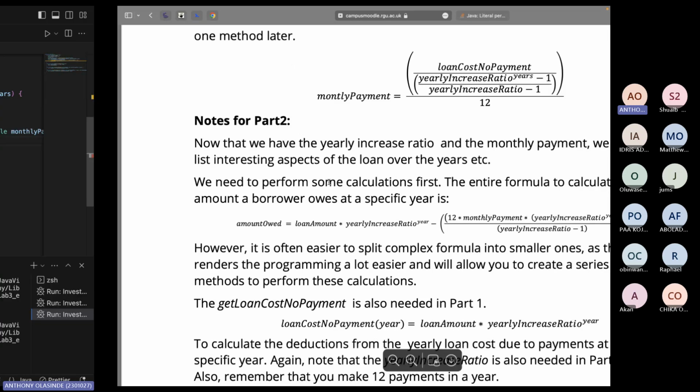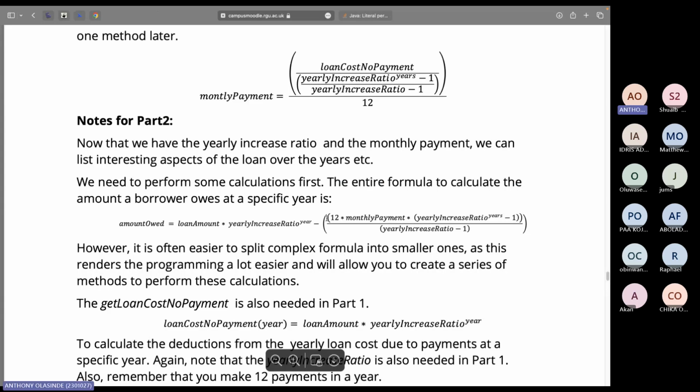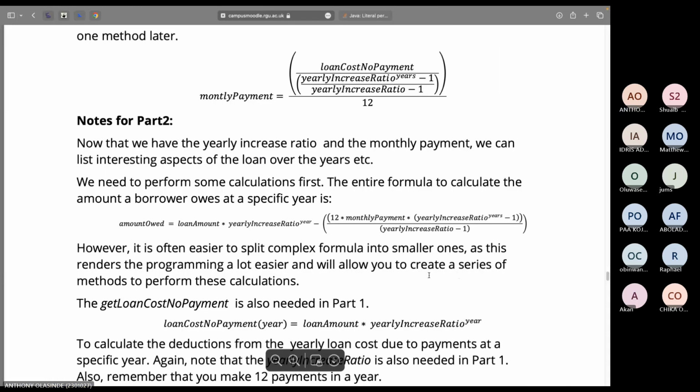Exactly. Okay, so minus a big bracket, then a small bracket that does this complex calculation here.